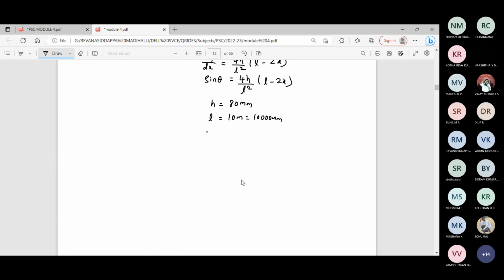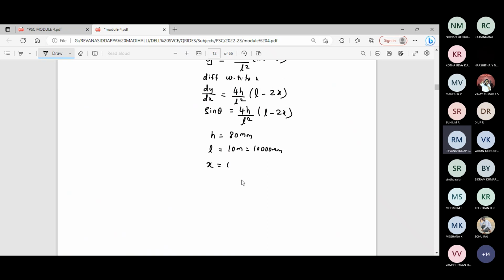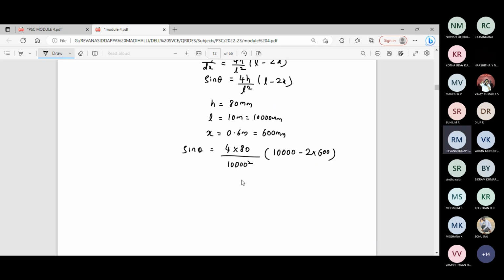Substituting everything, sin theta is equal to 4 into 80 divided by 10,000 square into (10,000 minus 2 into 600). Therefore, the sin theta value is 0.028.